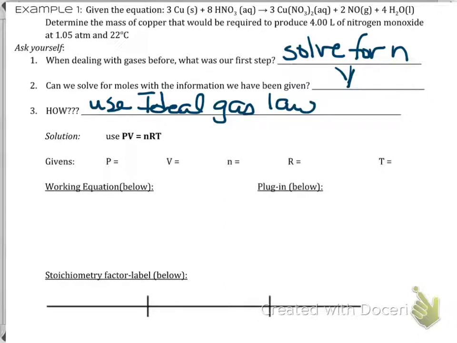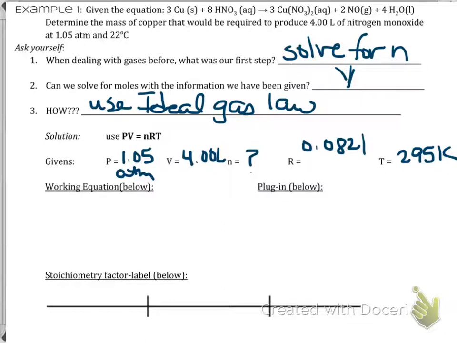If we're going to use PV equals nRT, we have 1.05 as our pressure in atmospheres. We have 4 liters of nitrogen monoxide that we're generating. We do not know our number of moles. Because we have liters and atmospheres, and we can convert 22 degrees Celsius to 295 kelvins, I can use my 0.0821 R value.